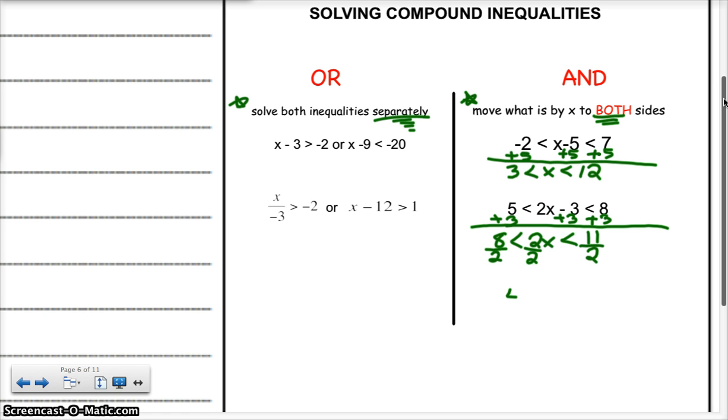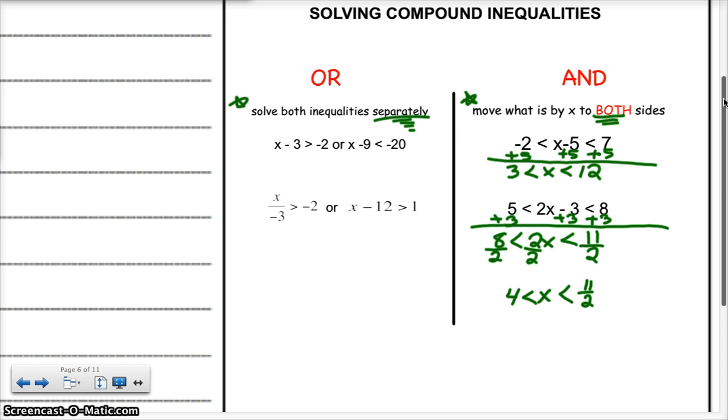And I get 4 is less than x, which is less than 11 halves, or 5.5. Okay? So that's ands. When you solve and compounds, you do two sides. So you're actually adding or subtracting or multiplying or dividing to 3 things.